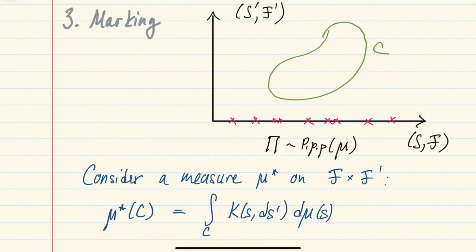More precisely, for every fixed point S on the first coordinate, you consider the slice of this set, and then you integrate on that slice with respect to this kernel K.